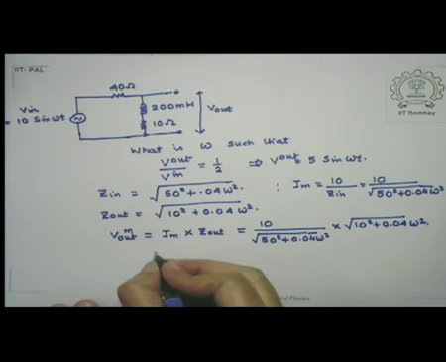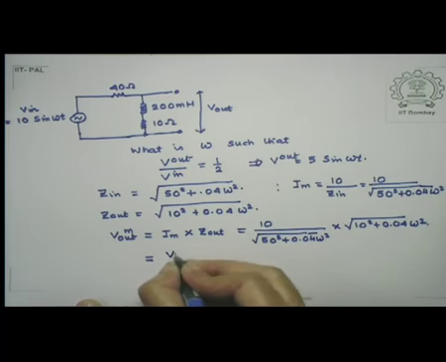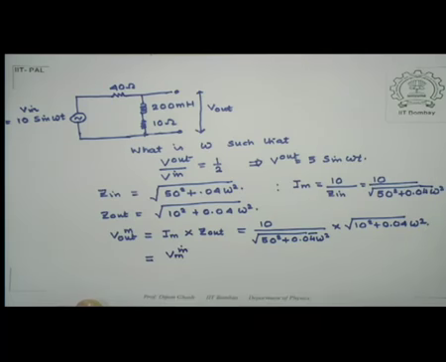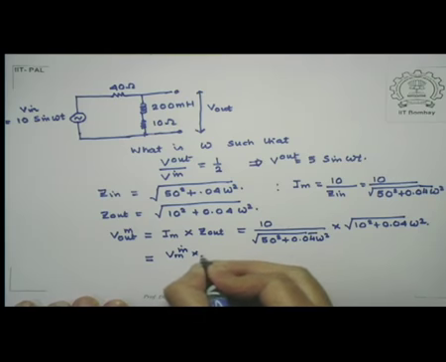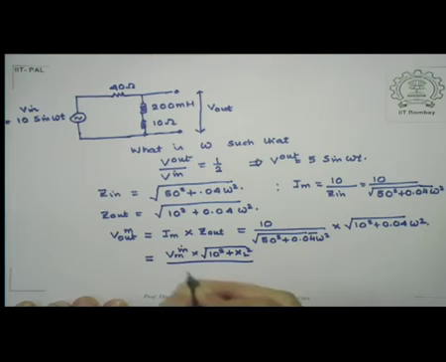So we can write this as Vm in, which is 10, multiplied by, let's just write this as, the square root of 10 squared plus XL squared divided by the square root of 50 squared plus XL squared. Now I am looking at V out divided by V in to be equal to half.